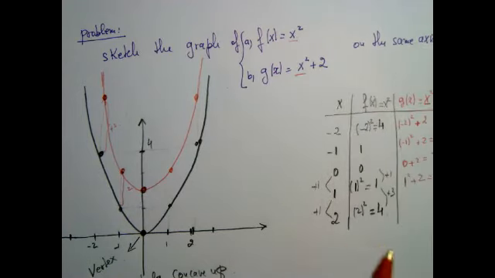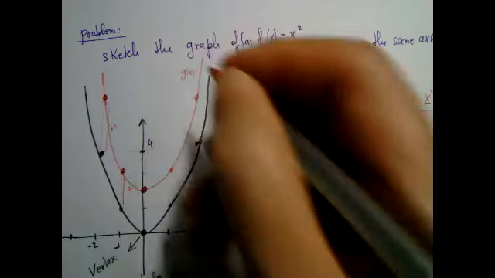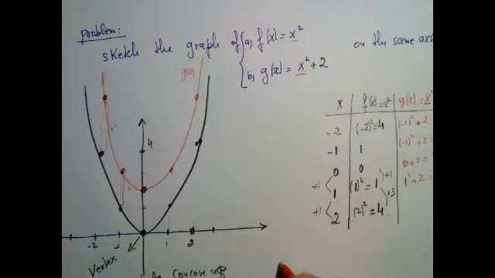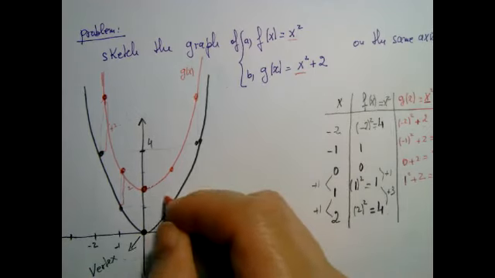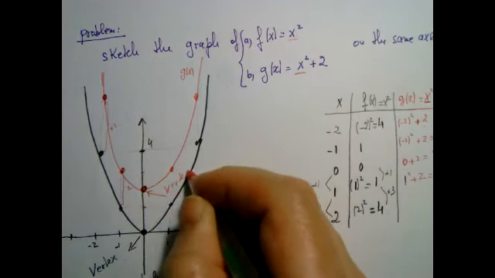The effect is to shift the graph of f upward by 2 units. So this is the graph of g of x. This point here now is the vertex of g. So the vertex is shifted now. It's not at 0, 0. The vertex is also shifted up to 2.